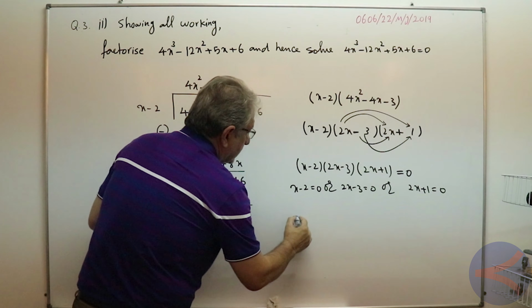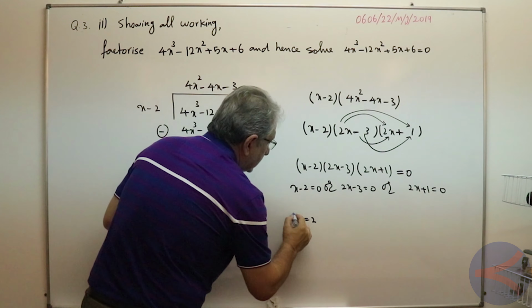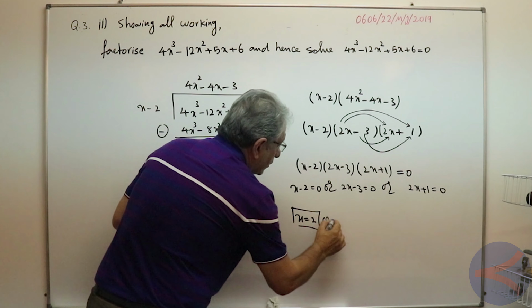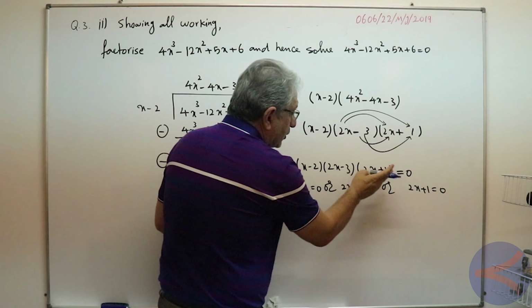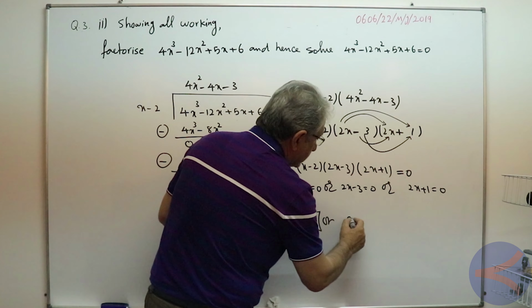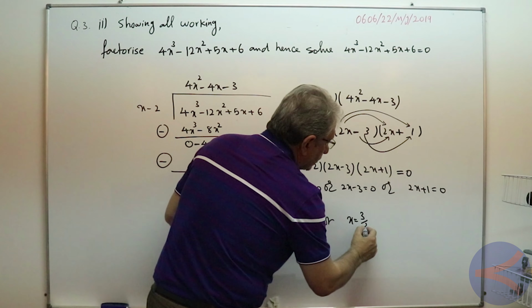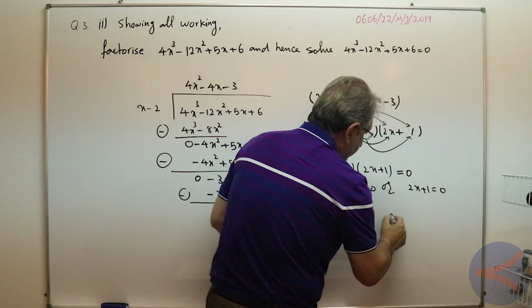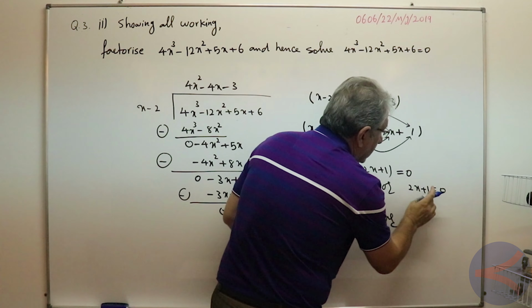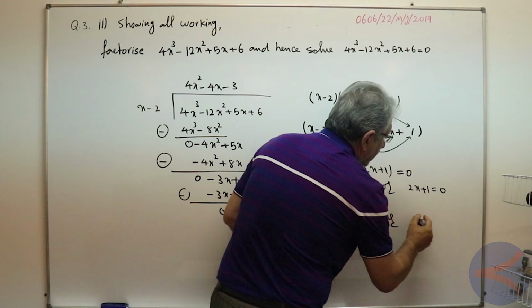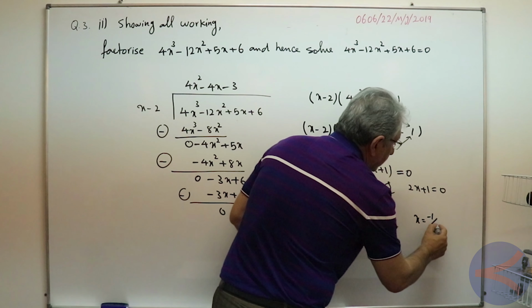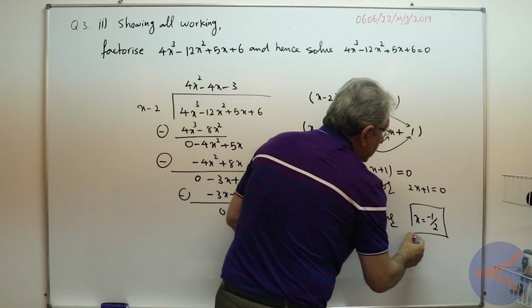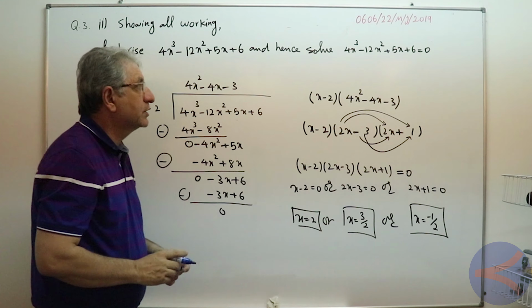The first gives x equal to 2. Therefore one of our answers is x equal to 2. Or this one equal to 0, 3 goes that side, divided by 2 will be x equal to 3 over 2. Therefore this is another answer. To solve this one, 1 goes that side, negative, divided by 2, x will be negative 1 over 2. Therefore we got 3 solutions for this equation.